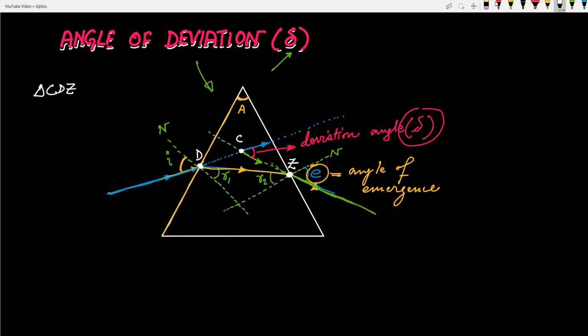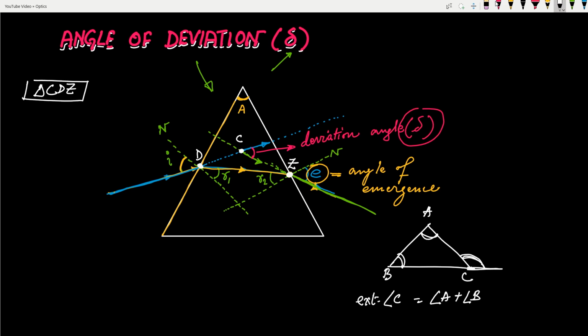From the property of triangle, which we learned in class 9-10 maths, if this is the triangle ABC, then the exterior angle is the sum of the opposite interior angles, isn't it? So angle C, the exterior angle, is equal to angle A plus angle B. We'll be applying this concept in triangle CDZ.